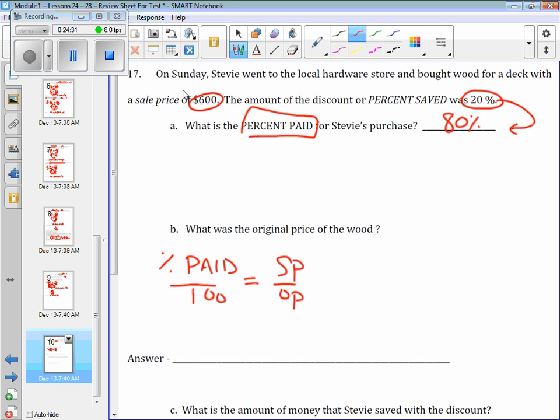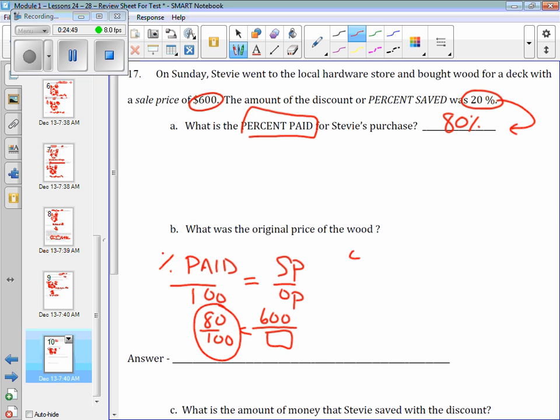We're going to substitute our value in. Percent paid is now 80 over 100. The sale price was 600. And they're asking us to find the original price, which we don't know. Going to reduce this.